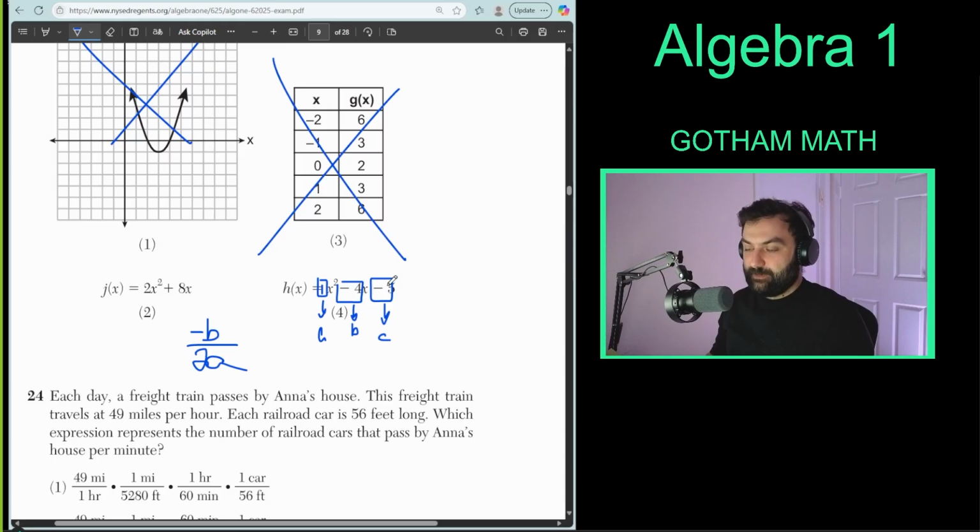If it's 2, that will be it. All right, so -b, which is minus -4, over 2 times 1, which is 4 over 2, which is 2. Dun, dun. That would be the answer. The answer is 2. I don't have to check this.